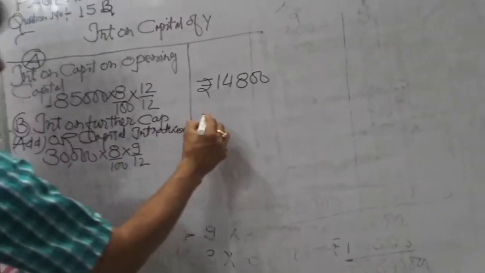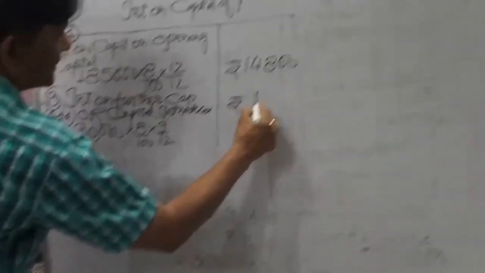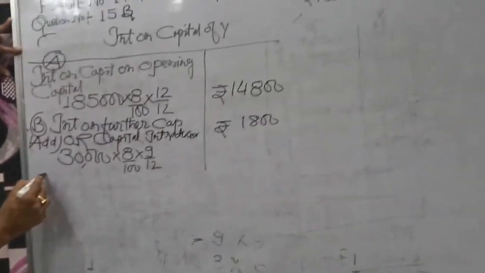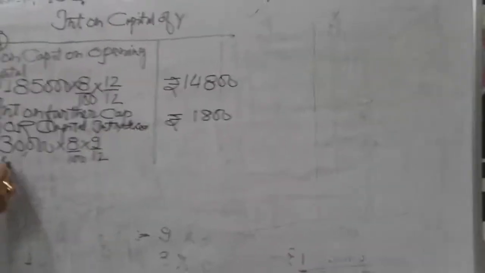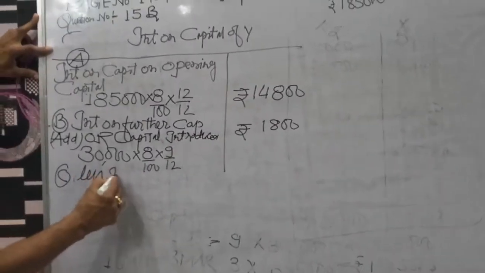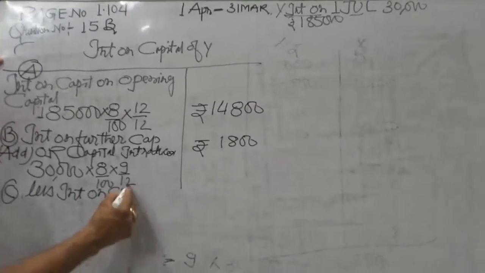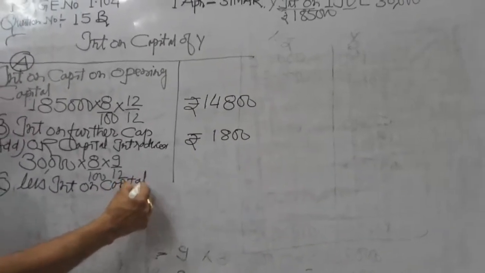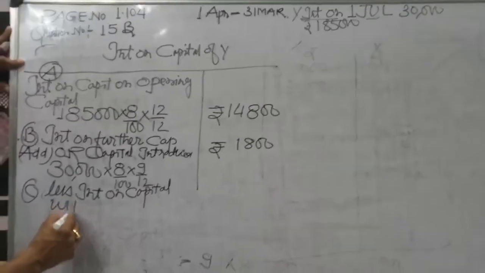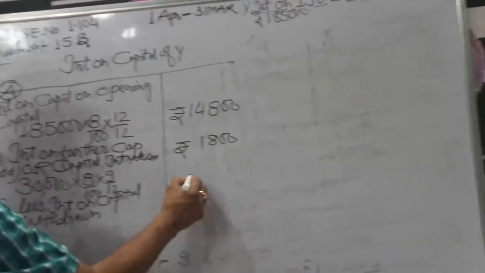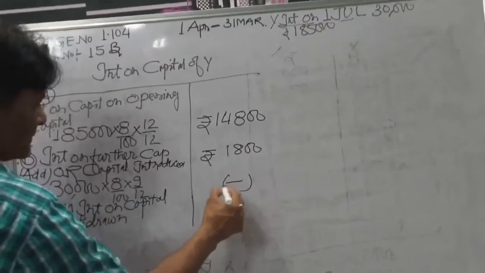This amount is 1,800 rupees. C point, less interest on capital withdrawn. This part is not given here, so leave it blank.